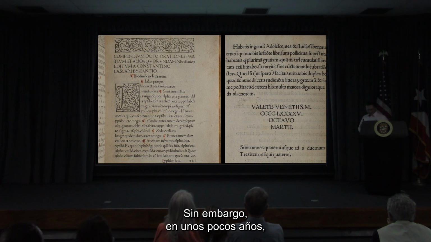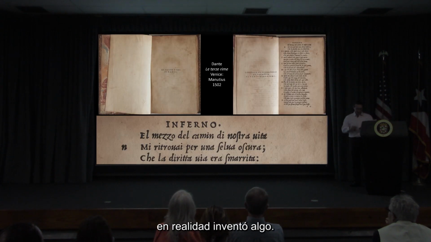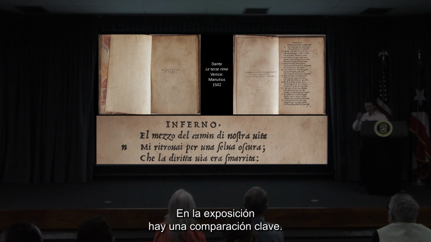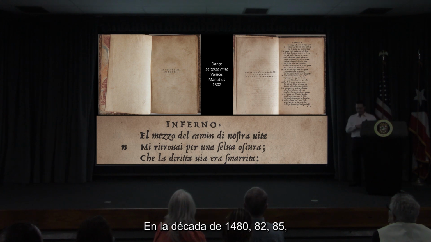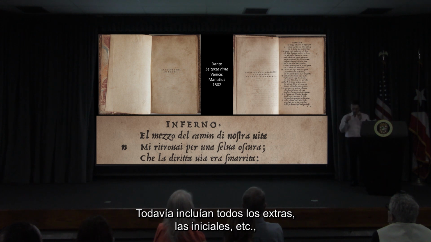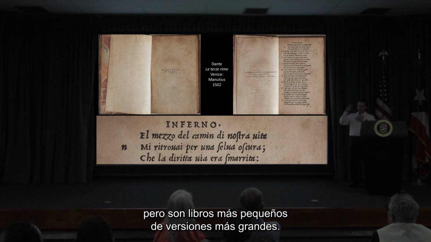Nonetheless, in a few years, he actually invented something. And there is a key comparison at the exhibit. So Rattle, in the 1480s, '82, '85, printed smaller versions of bigger books, still with all the bells and whistles, the initials, this and the other, but they're just smaller versions of larger books.